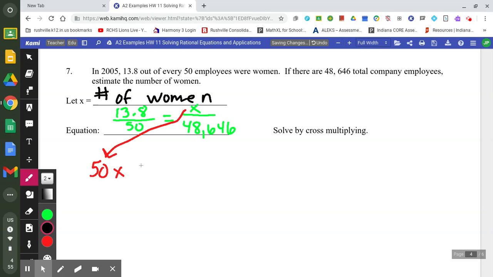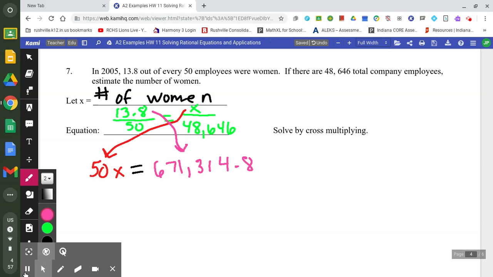And then the other side is taking the top of the other fraction times the bottom of the other fraction. So my 13.8 times 48,646 is 671,314.8. And then we divide by 50.